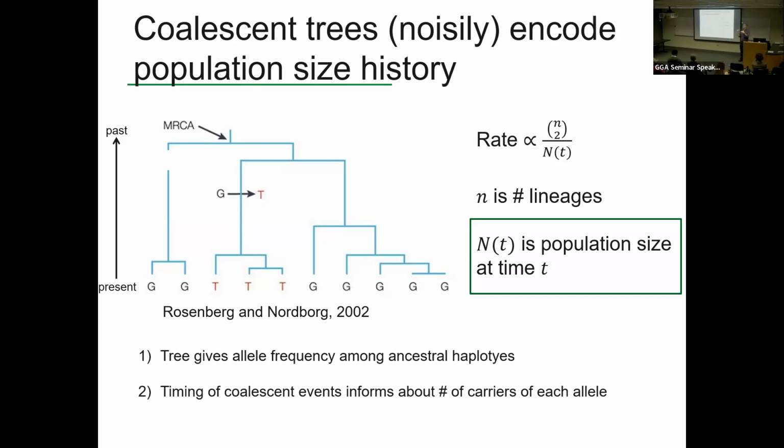The problem is that if there's natural selection, the ancestors of the sample are not representative of the ancestral population at that time. That's sort of just what natural selection is, right, if you think about it in that way. So if there's no natural selection, this principle gives us a good estimator. If there is natural selection, I can still hopefully use something about the timing of the coalescent events to learn something.